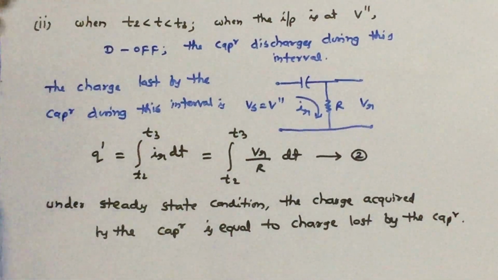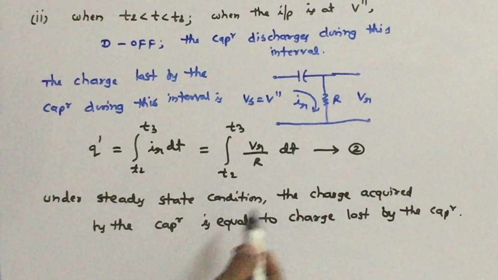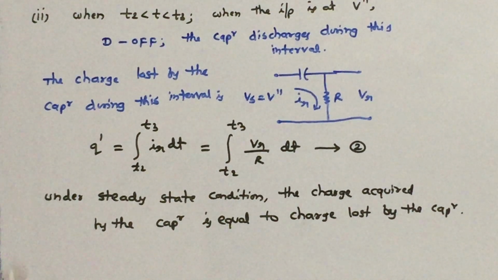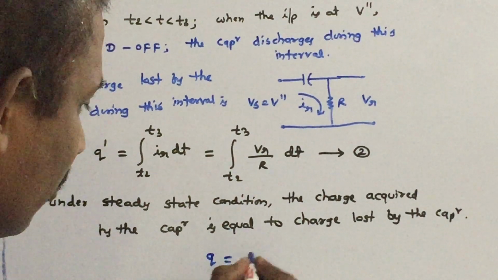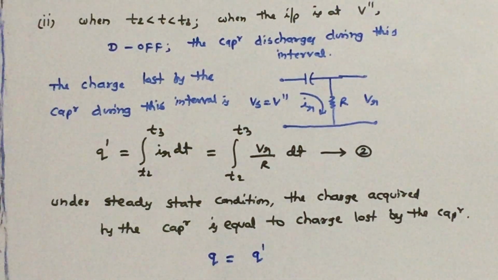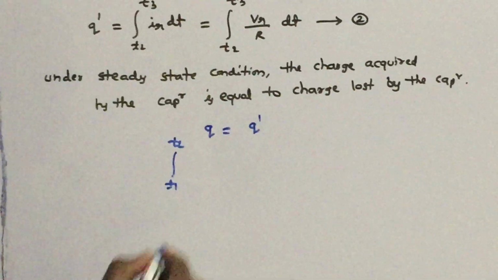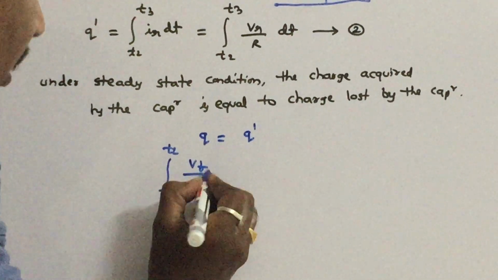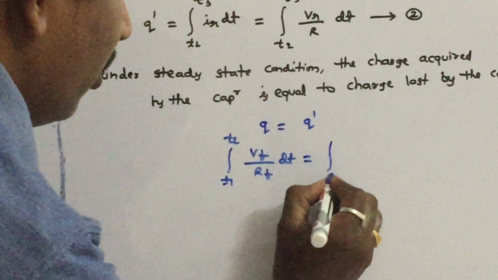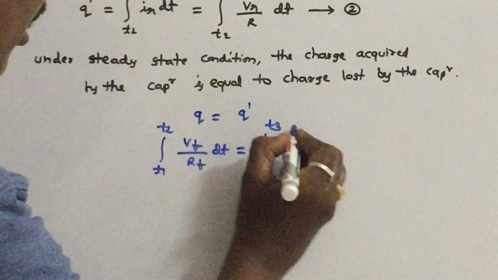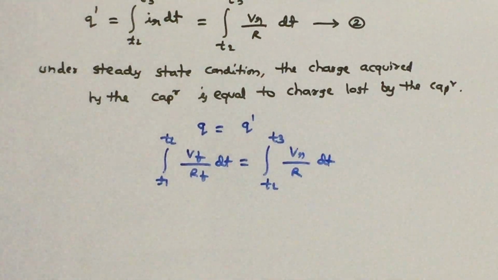This is a very, very important point. So from equations 1 and 2, we can write charge acquired is equal to charge lost. What is the charge acquired? Integral T1 to T2 of VF by RF into dt. What is the charge lost during the interval T2 to T3? VR by capital R into dt.